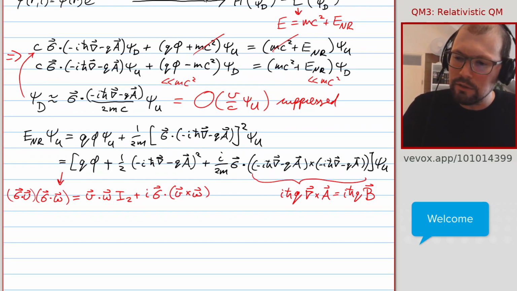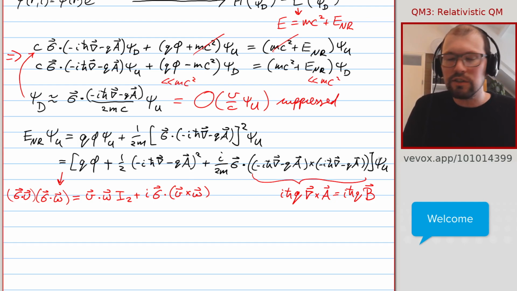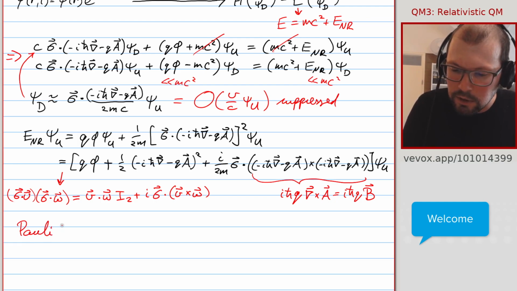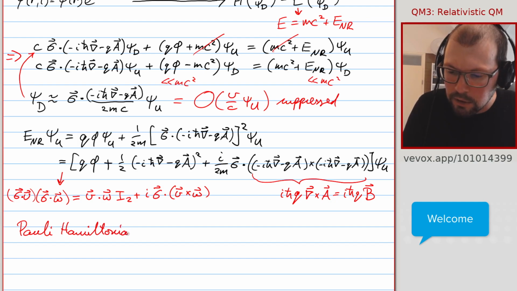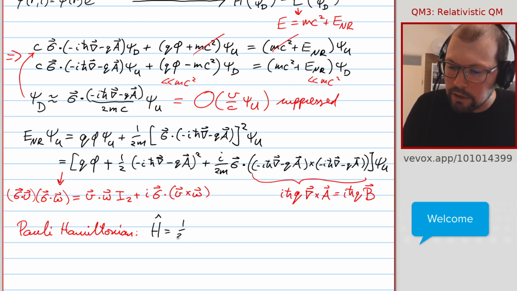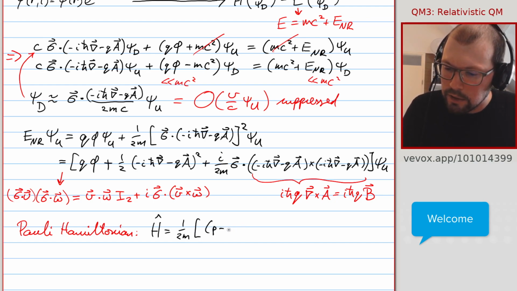So here we can read off what the actual Hamiltonian is, the two-dimensional Hamiltonian that's acting on these two components. And this Hamiltonian is called the Pauli Hamiltonian. So we find the standard kinetic term we have here.